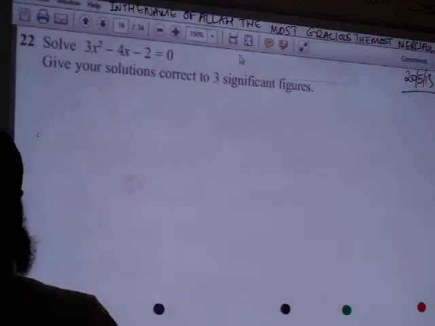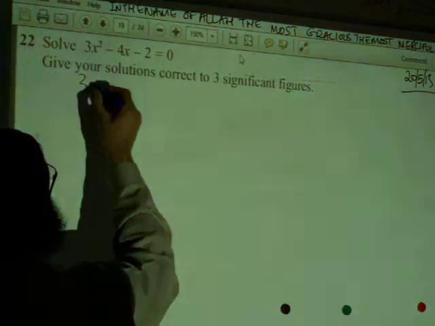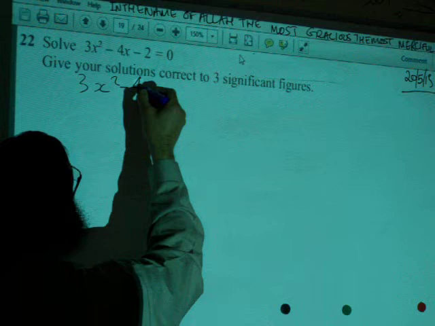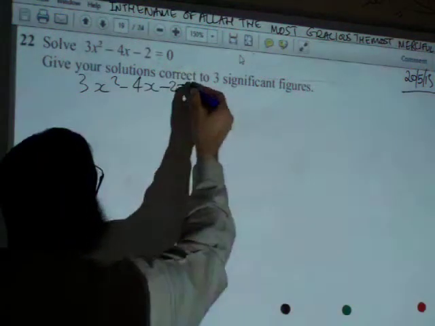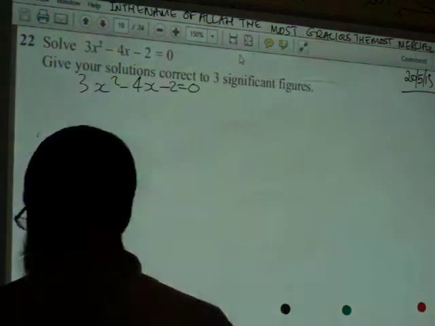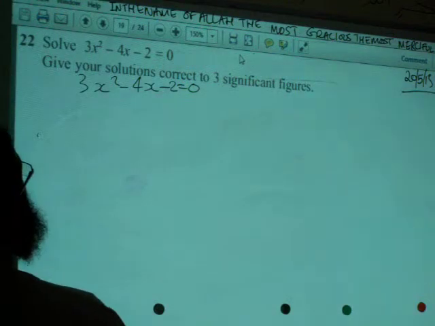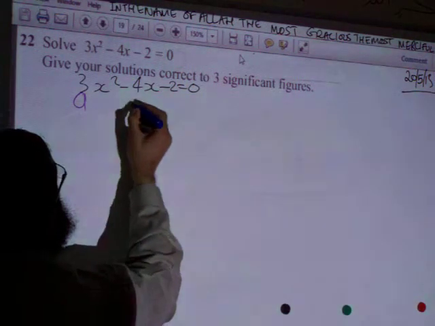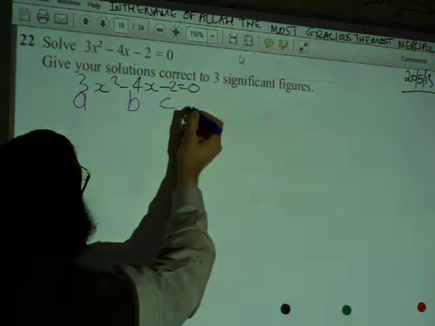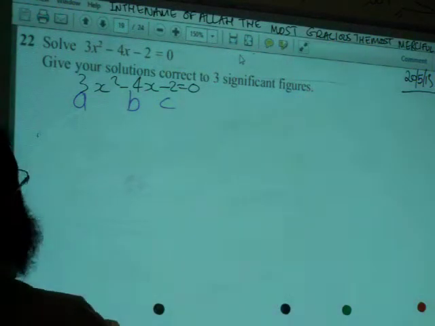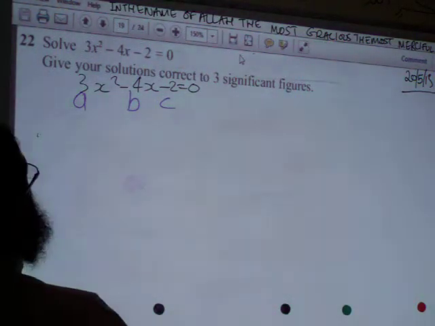So we have here, in our equation, ax squared plus bx.